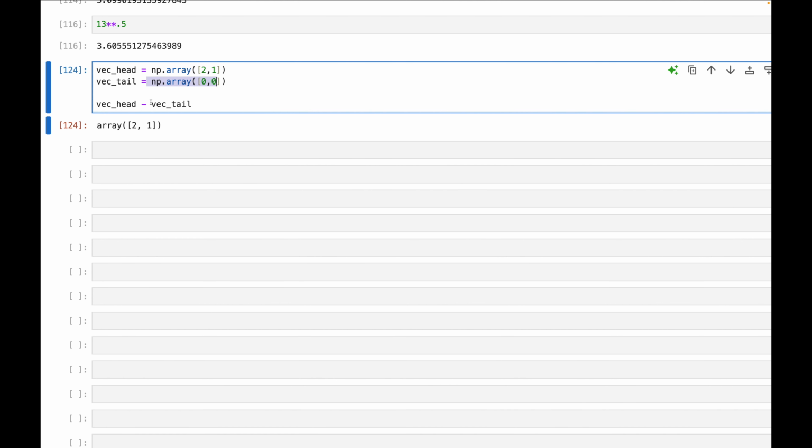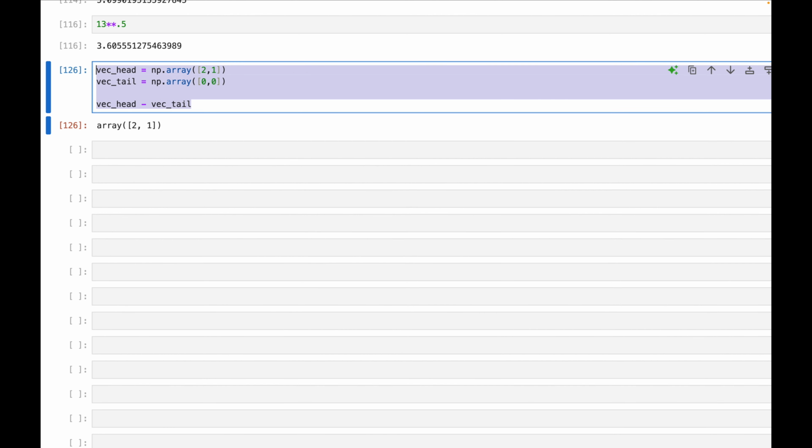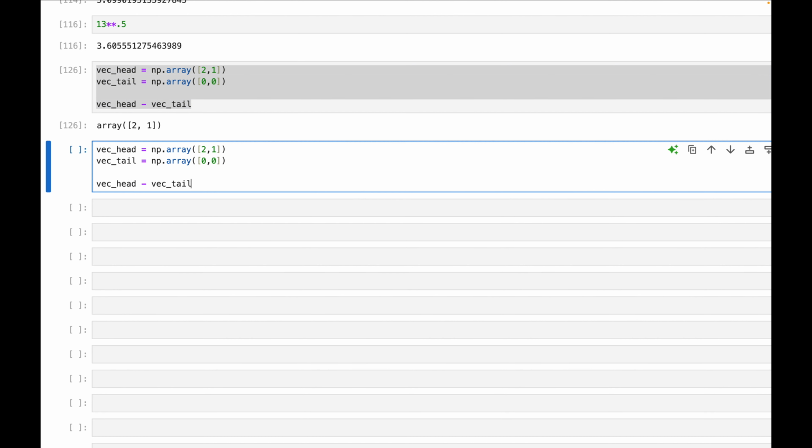So we subtract the tail from the head. Here I say vector head minus vector tail. So we are essentially saying 2 minus 0, 1 minus 0, and we get a value of 2 1, which is essentially the same vector that we had before.